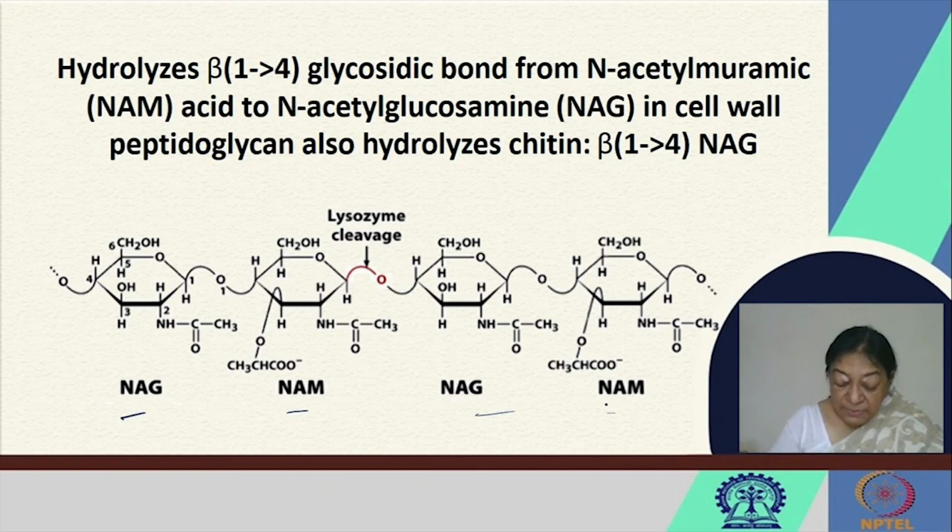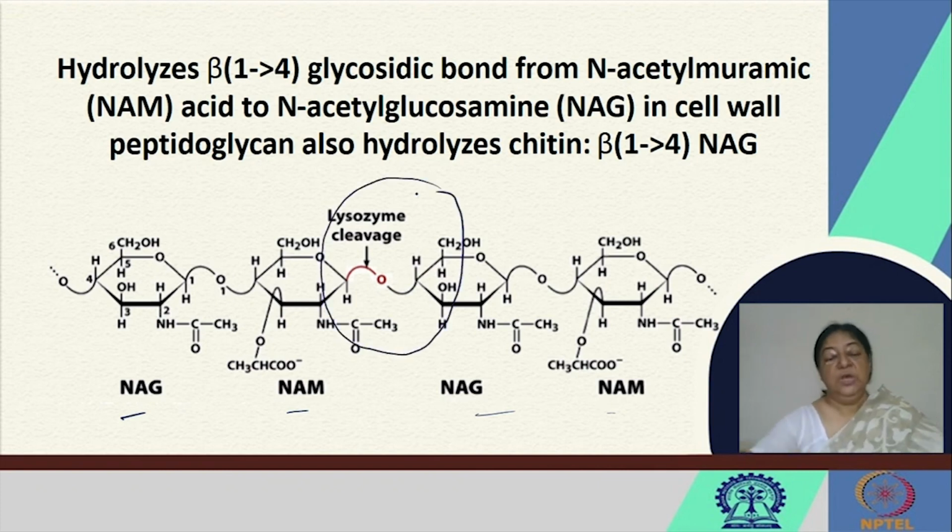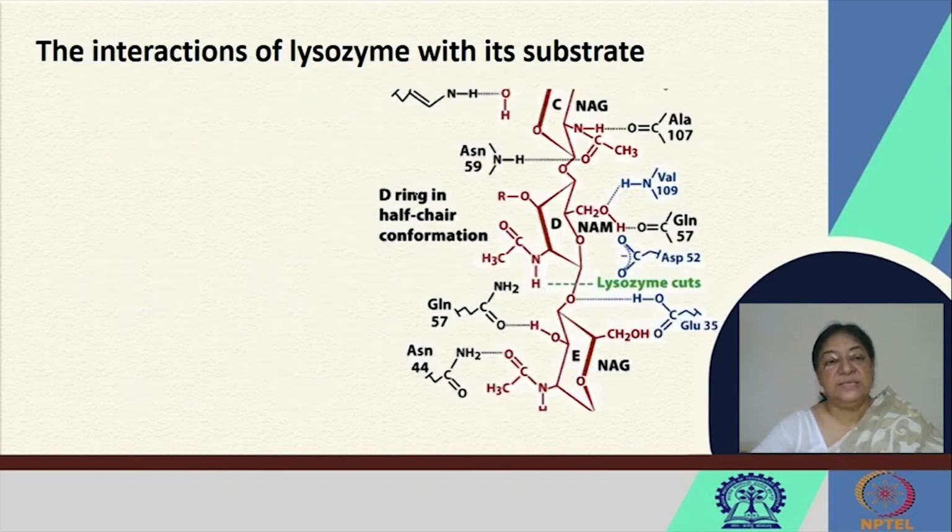The lysozyme cleavage occurs at this specific position, which indicates that the binding site or the active site of lysozyme should have specific recognition for this particular bond, the beta 1,4 glycosidic linkage, that will be cleaved by the enzyme.